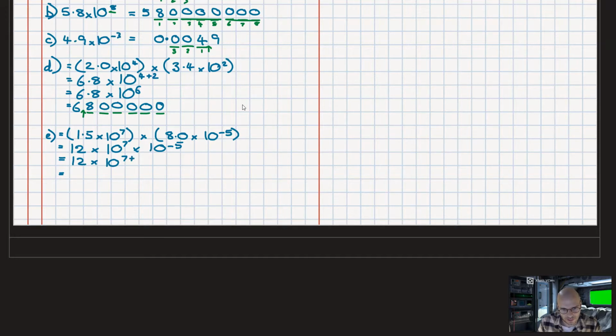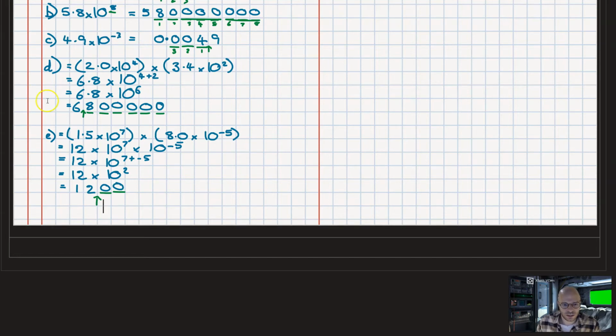We're adding negative 5 to 7. So that will become 12 times 10 to the power of 2. And then we simply rewrite it as 12. And we're going to move our decimal place back. It was here, it's going to go 1, 2. So the resultant value is 1,200.